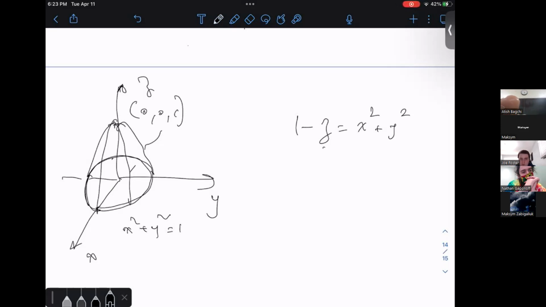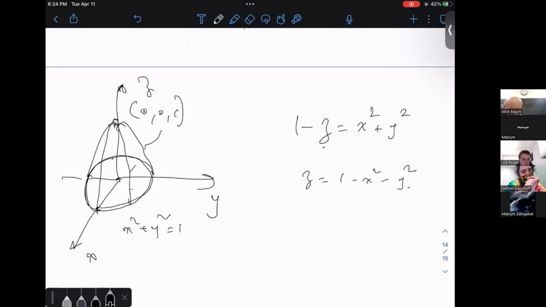The only thing is that z is equal to 1 minus x squared minus y squared, which means x and y have to be less than 1, which is true. If x squared and y squared are both 0, which is at this point, z is equal to 1.